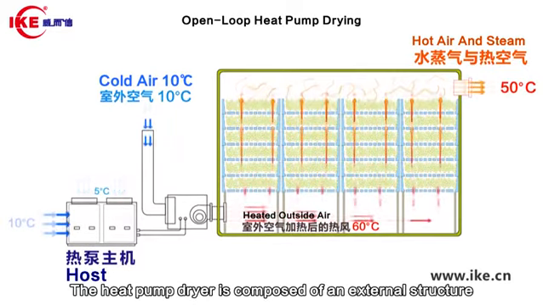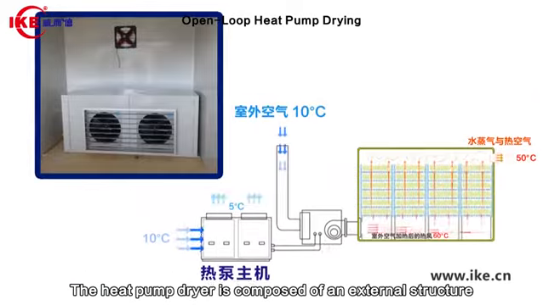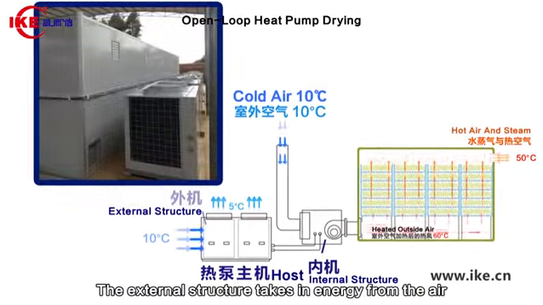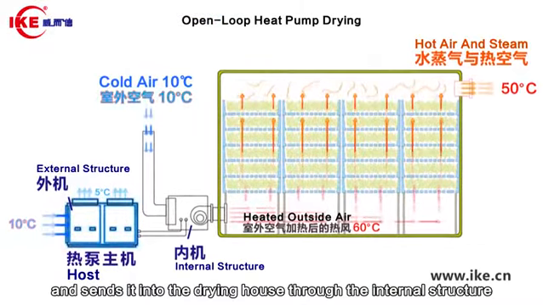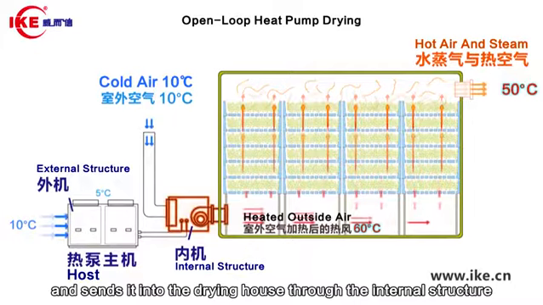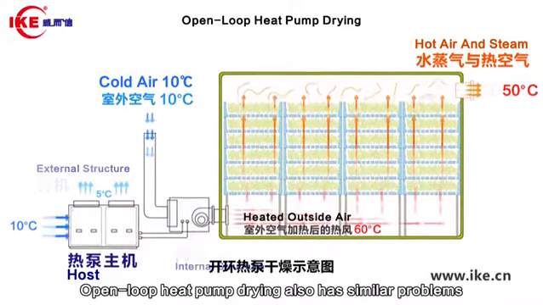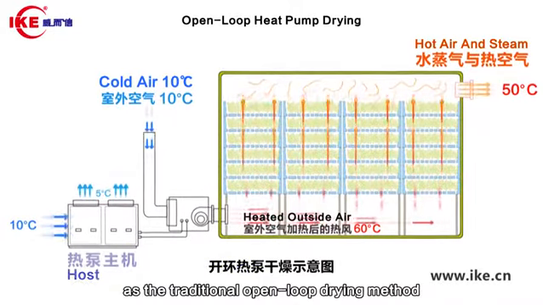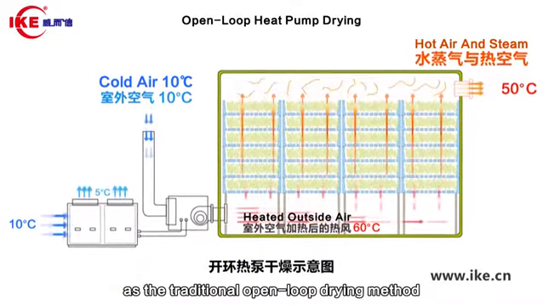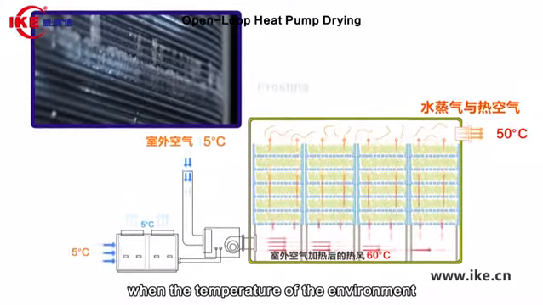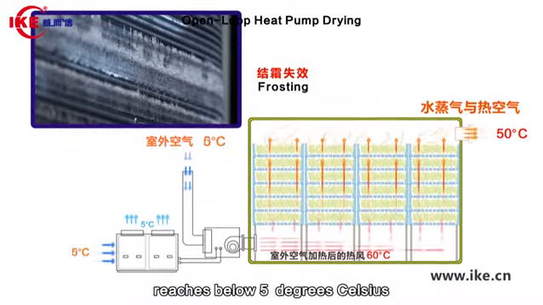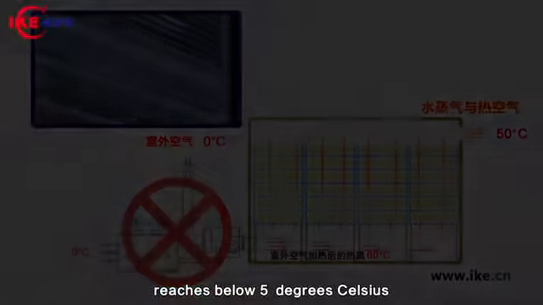The heat pump dryer is composed of an external structure and an internal structure. The external structure takes in energy from the air and sends it into the drying house through the internal structure. Open-loop heat pump drying also has similar problems as the traditional open-loop drying method. In addition, it may not achieve normal working conditions when the temperature of the environment reaches below 5 degrees Celsius.